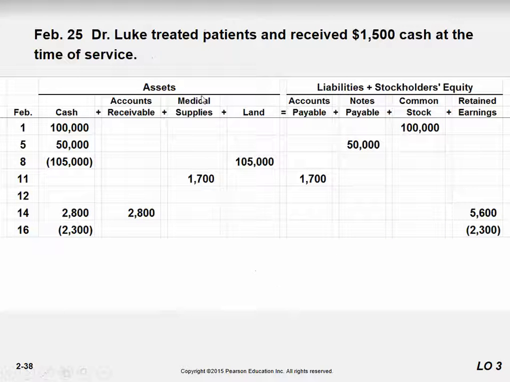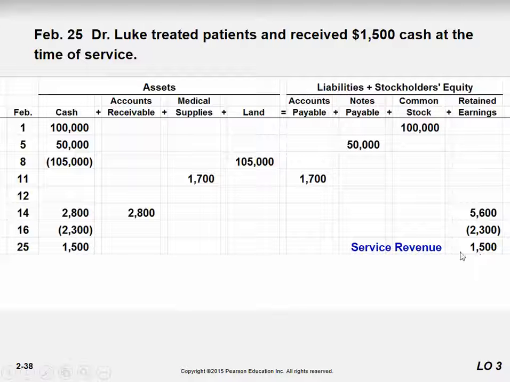Dr. Luke treated patients and received $1,500 cash at the time of service. Again, you treat patients, you receive cash, so cash goes up by $1,500, service revenue goes up by $1,500. You will notice in the same way that expenses make retained earnings drop, service revenue makes retained earnings go up.